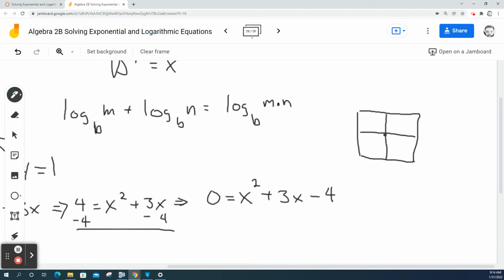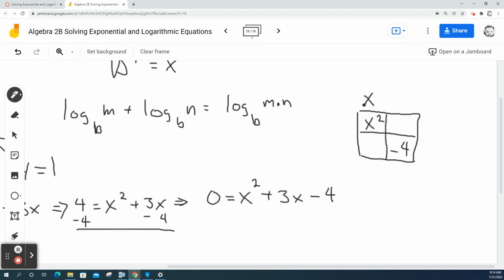And if I taught you Algebra 1 last year, you kind of remember this. For some of you that didn't have me for Algebra 1, this might look a little new. But basically, I take the first term and the last term and put it in the grid. So I'm taking this first term, putting it here, and the last term, -4, putting it here. Then I just kind of guess and check.